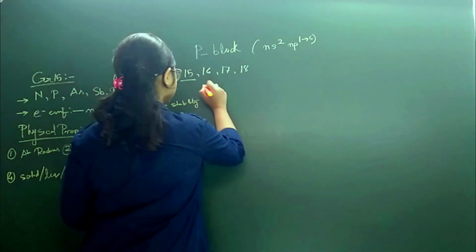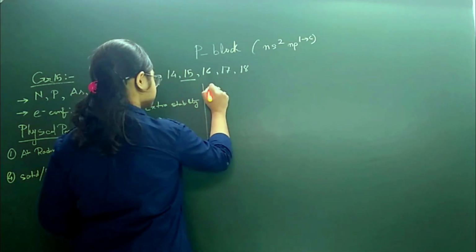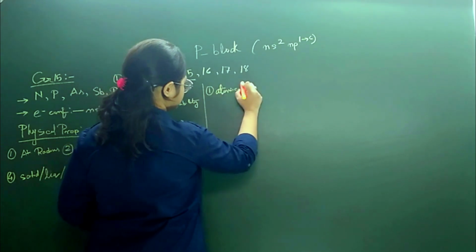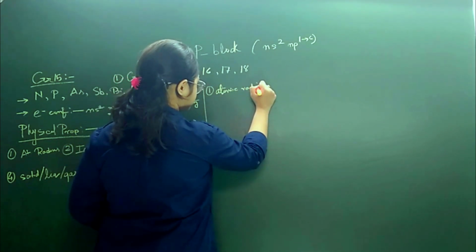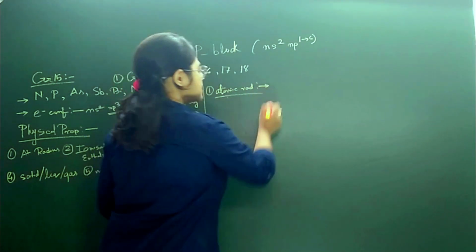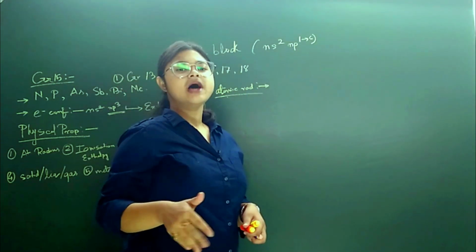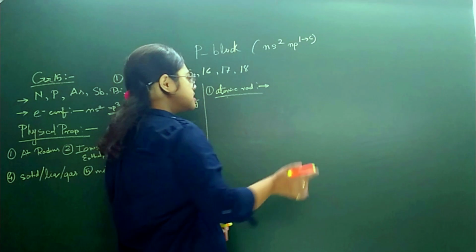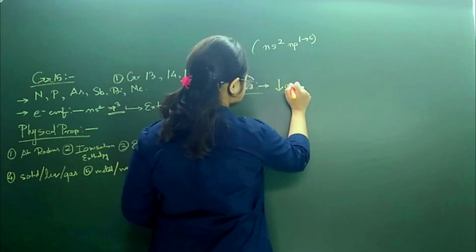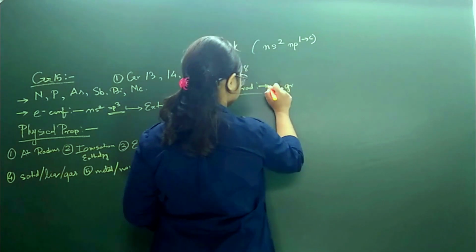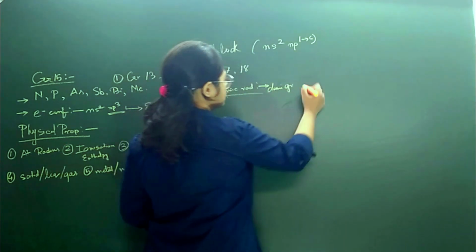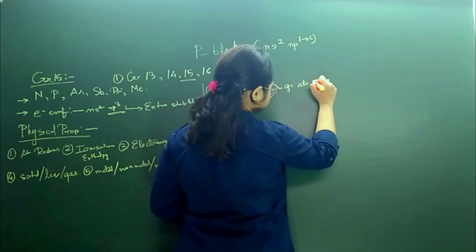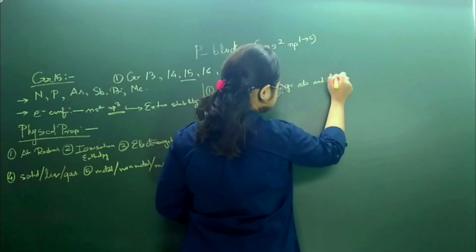First, we are discussing the atomic radius. As we know, down the group atomic radius or size increases.